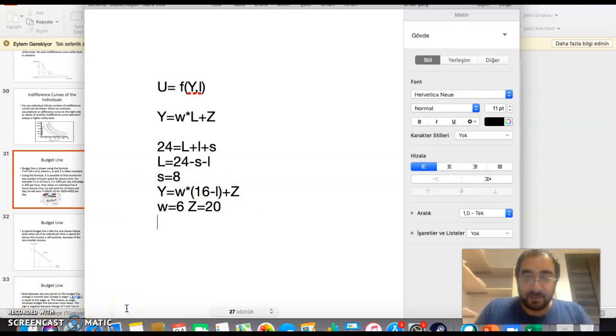We still have time, so let's do that. Y is equal to 6 times (16 minus L) plus Z, which is 20. So this will be our budget line. We can even do it more.